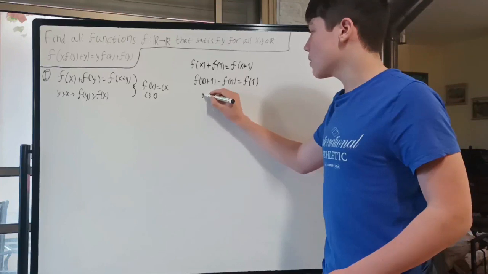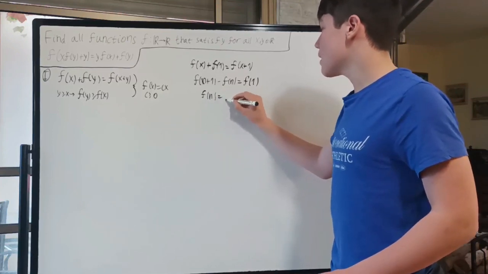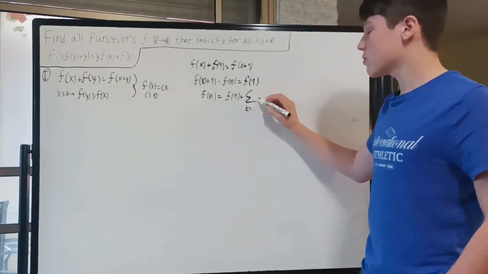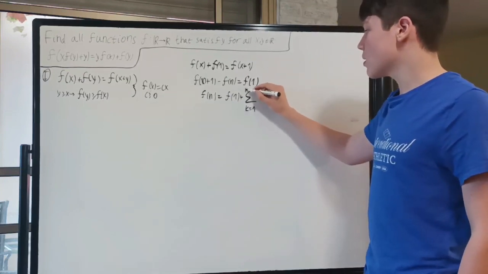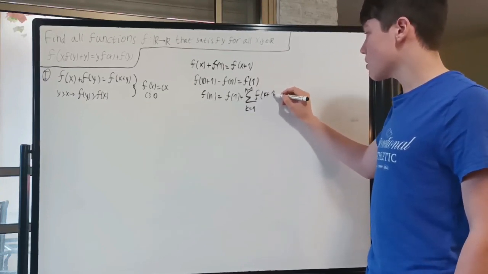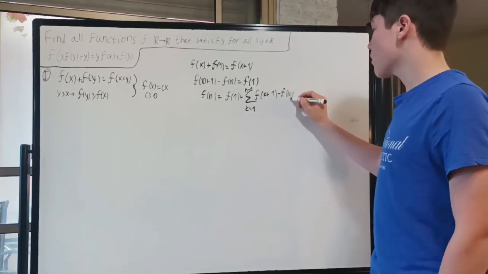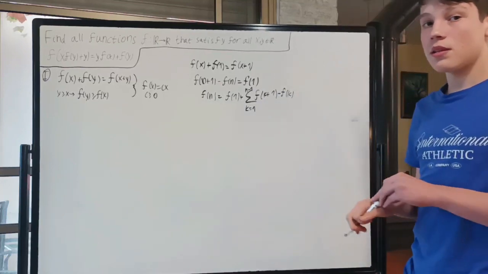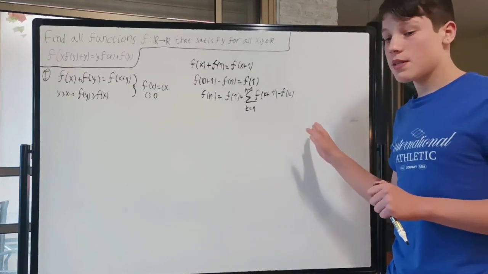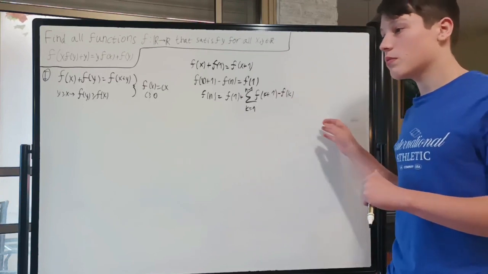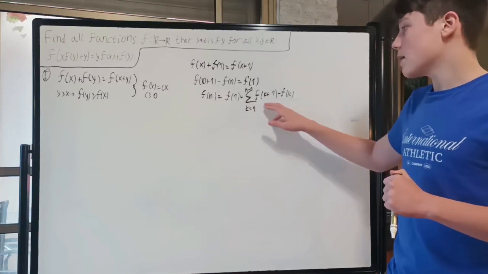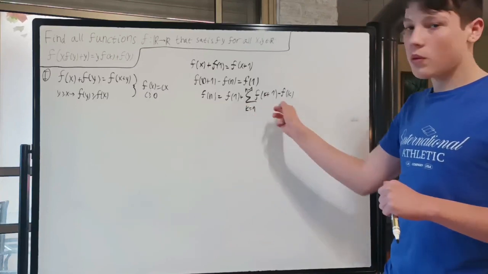Now I can look at f(n) as f(1) plus the sum, where k goes from 1 to n minus 1, of f(k + 1) minus f(k), because this is a telescoping series. We're going to have f(n) minus f(n-1) plus f(n-1) minus f(n-2) plus f(n-2) minus f(n-3), and so on. All these middle terms cancel out, and we get f(n) minus f(1), and f(1) will cancel.